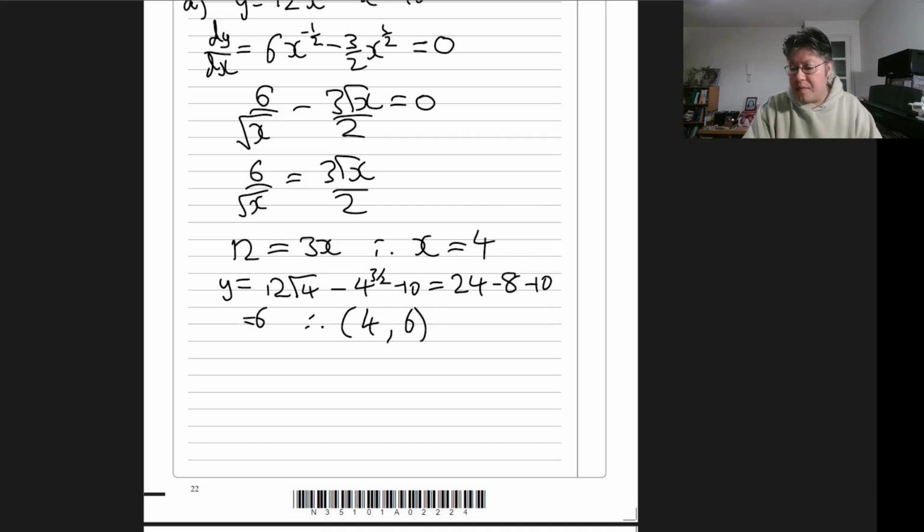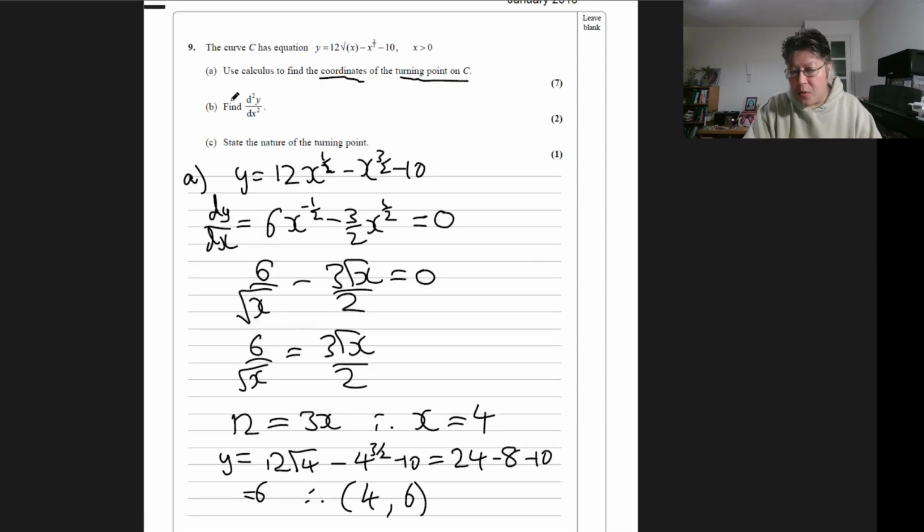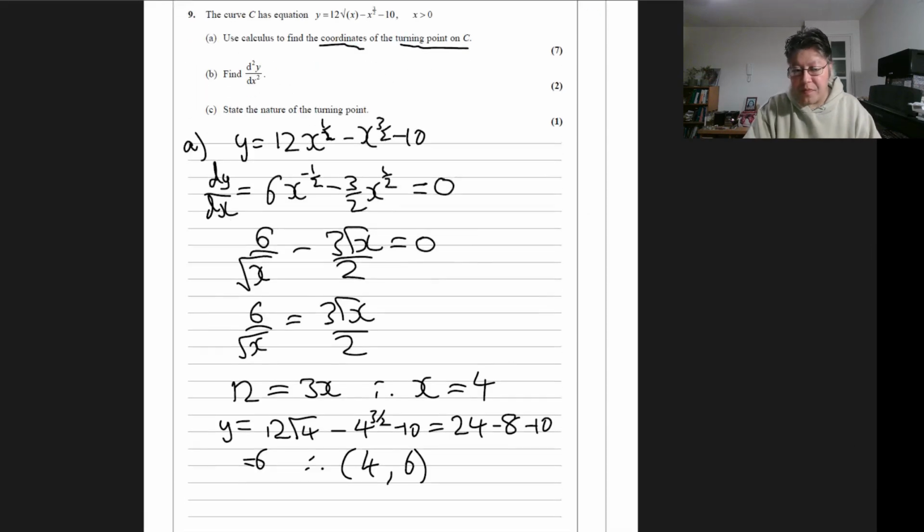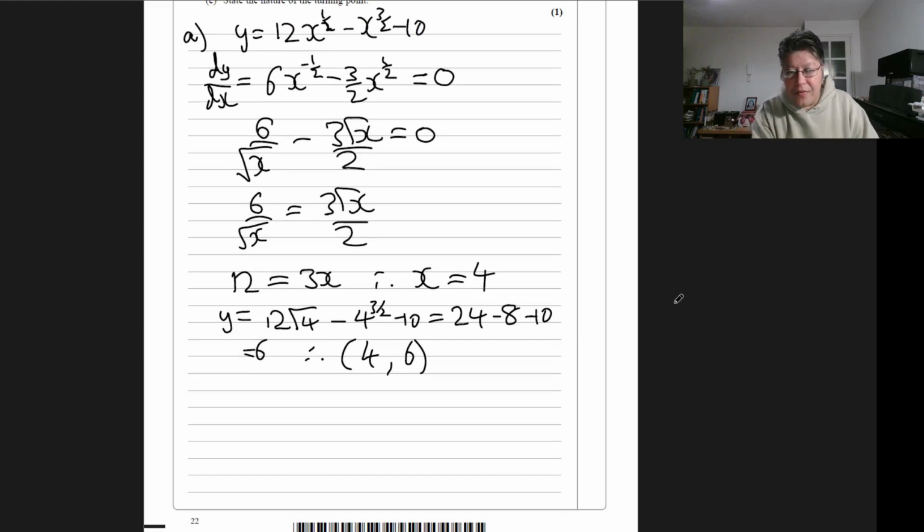So that's part A. Part B, we need to work out the second derivative. So we had the first derivative up to there. We can now differentiate that a second time. So part B, d2y by dx squared equals, so the negative half comes down, multiplies to 6 to give us minus 3, and we minus 1 off a negative half gives us a negative 3 over 2.